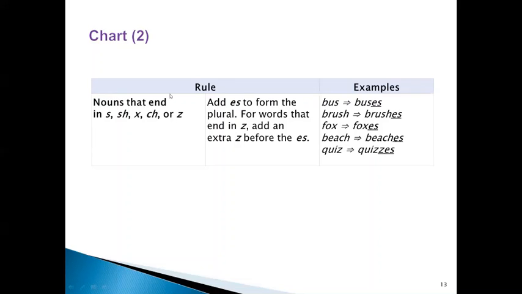When you say nouns that end, that means we'll find these letters at the end of nouns in the singular form: s, sh, x, ch, which is pronounced as ch, and z, where the sound will be z at the end of the word.